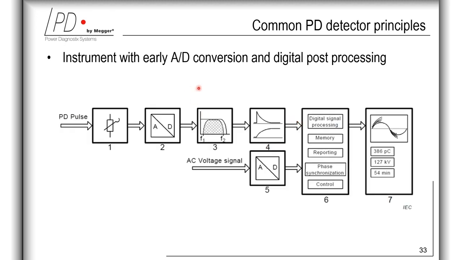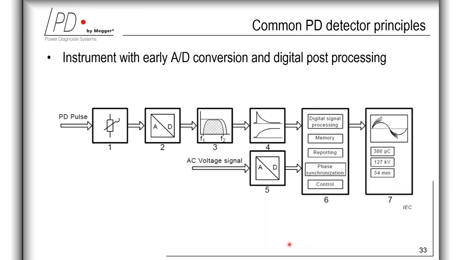And here this block diagram is showing an instrument with direct analog to digital conversion of the input PD pulses with attenuator, analog to digital converter for PD pulses, digital bandpass filter, numerical integrator, AD converter for AC, acquisition unit, and then evaluation and visualization unit.